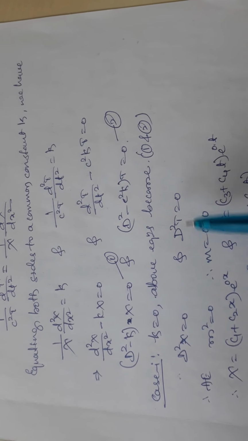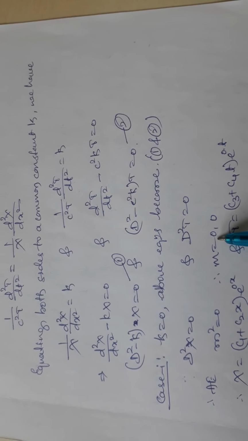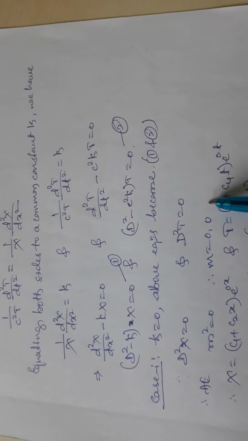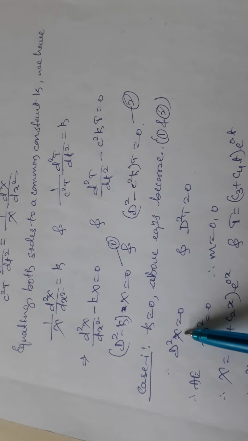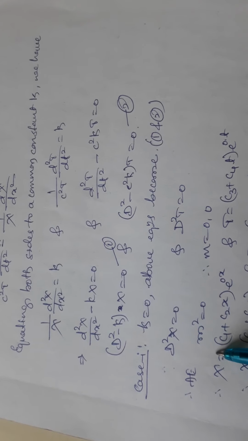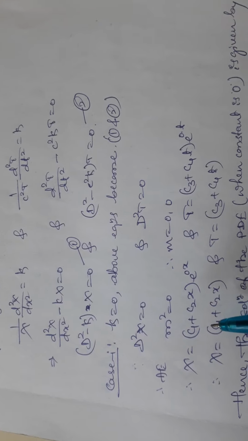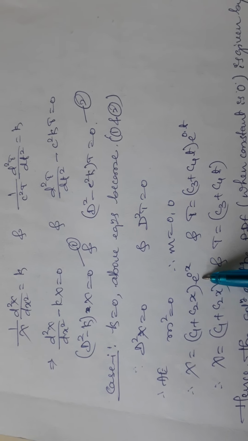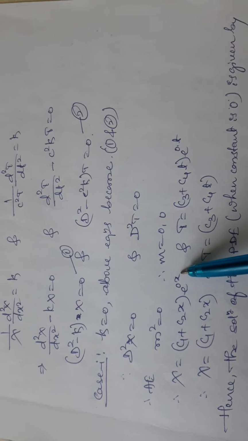Therefore the roots are m = 0, 0, both roots are the same, that is, the roots are real and repeated. Therefore the solution of the first equation, in terms of x, if the roots are repeated, we can write X = (c1 + c2 x) e^(0·x).